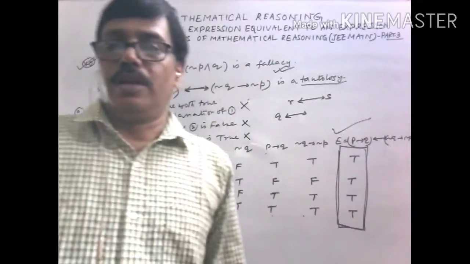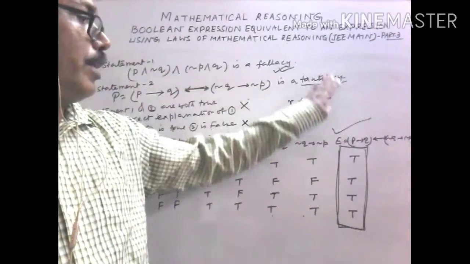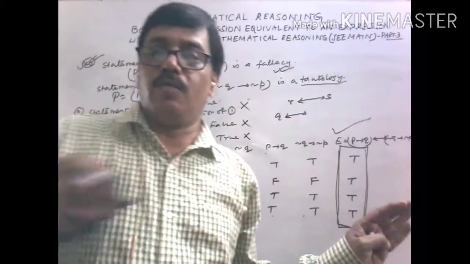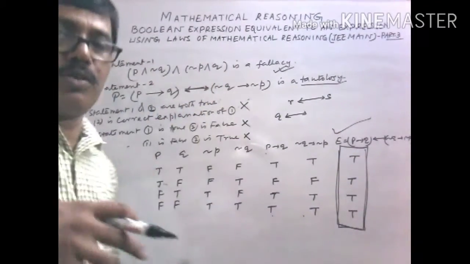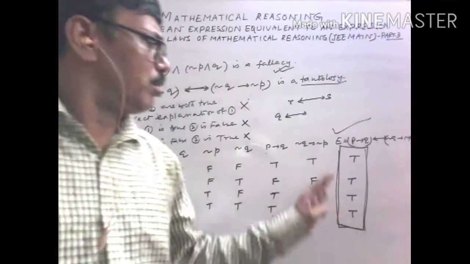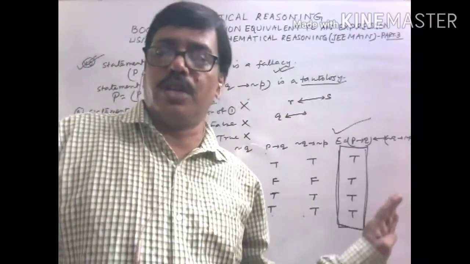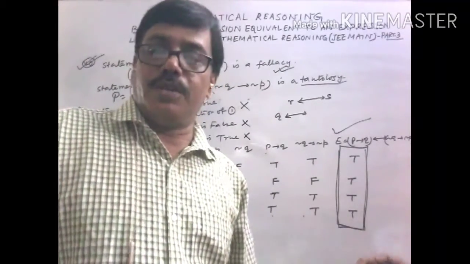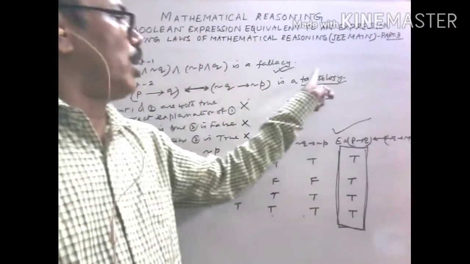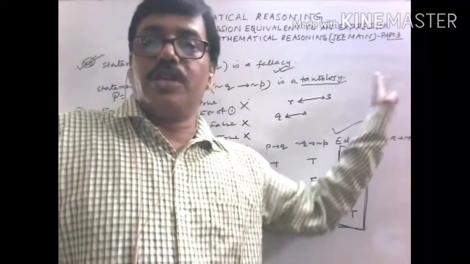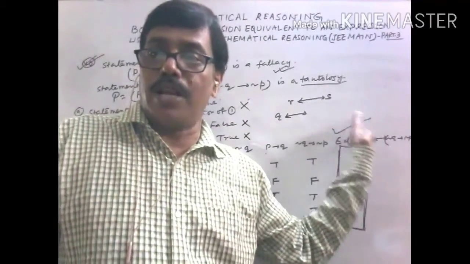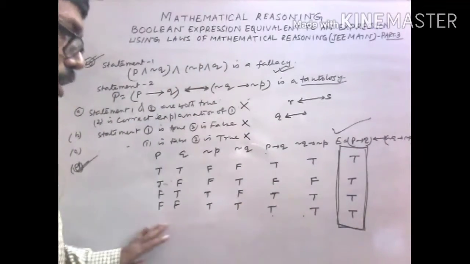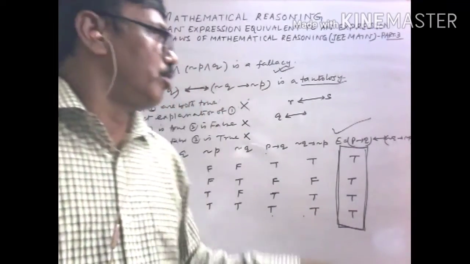The laws we use in most cases: we use all the laws, but mostly De Morgan's law, the distributive law, the laws for P arrow Q and P biconditional Q, and lastly the truth table.